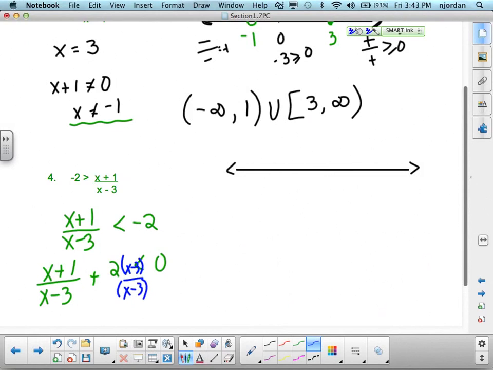And then up top, we're going to end up with x plus 1 plus 2x minus 6 all over x minus 3. And then that will lead us to (3x minus 5) over (x minus 3). Okay? And that's going to be less than 0.